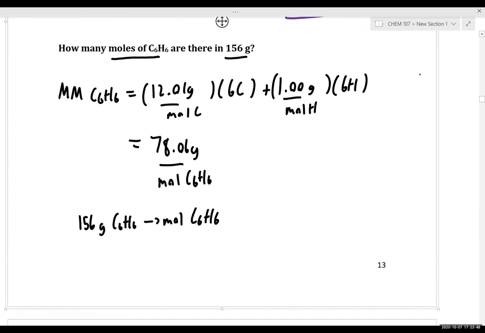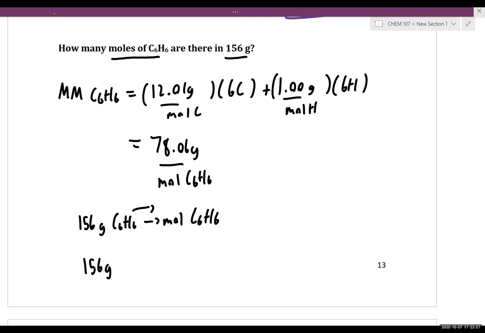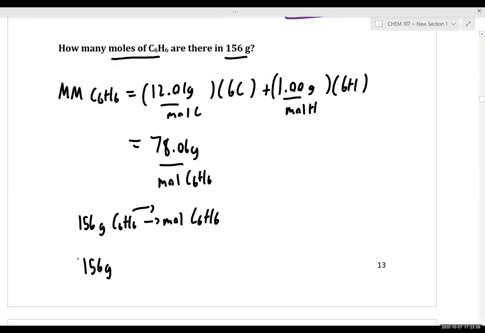So then, if we have 156 grams and we want to convert to moles, we want to make sure that our conversion factor has the units of moles on top. So we know in 1 mole of C6H6, we have 78.06 grams.